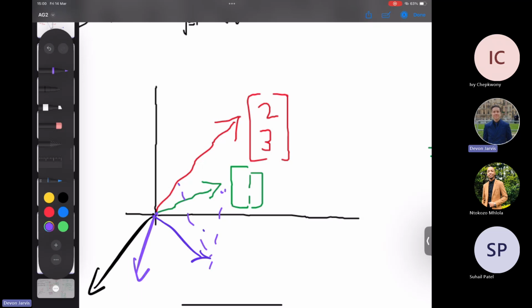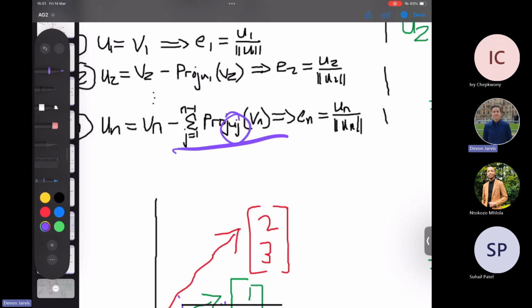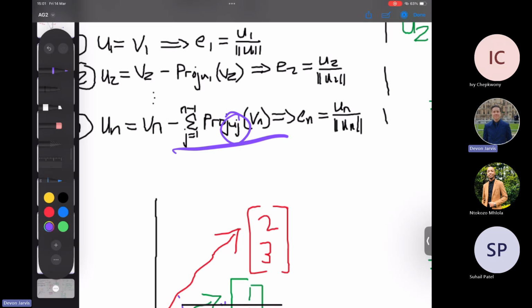Okay, so because I'm doing it recursively, one step at a time, and I know that the vector I'm constructing now is orthogonal to all of the basis vectors that came before, I know that when I get to the end of this, my last vector is going to be orthogonal to all of them. Okay, and then for the second last one, it was orthogonal to all the ones that came before it. And so we know that that will then work out algorithmically. Okay, by the end of it, it will converge on that orthonormal basis.